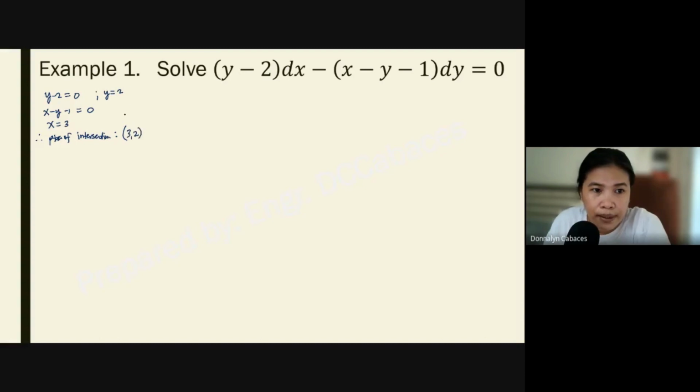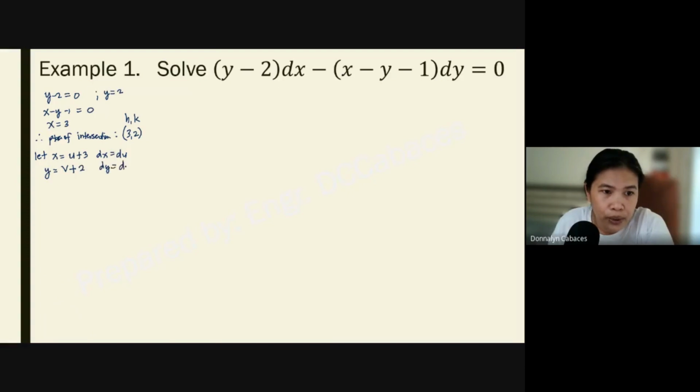And again, this is designated as h and k. Then we let x be u plus h, so that is u + 3, and dx therefore is du. And y is equal to v plus k, so v + 2, and therefore dy is dv.